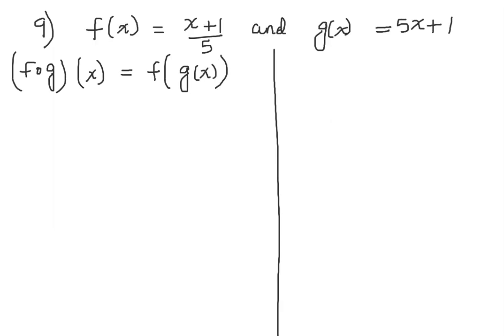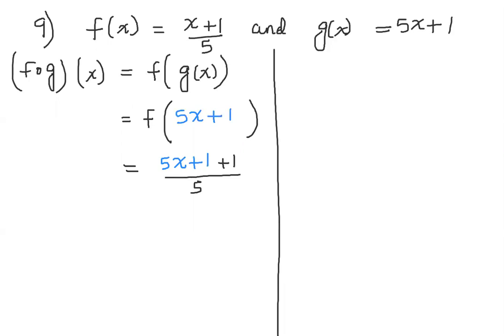So we're going to plug the whole g into f. What is g? g is 5x + 1. So now go to f, substitute all the x in f by 5x + 1. So I'm going to put 5x + 1 for x, and then again I have 1 all over 5. So I plug this 5x + 1 for this x here. That's what I'm doing.